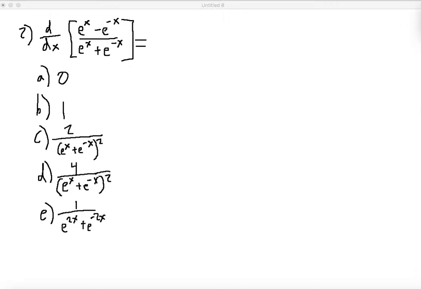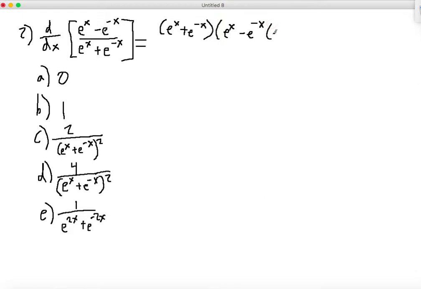For the second problem, we're going to use the quotient rule. So we're going to take low d high, derivative of high, e to the x, derivative of that is e to the x, derivative of negative e to the x is going to be negative e to the x times a negative 1.